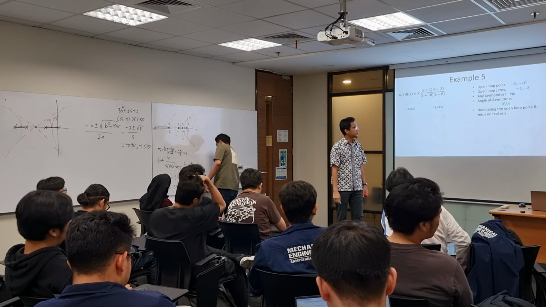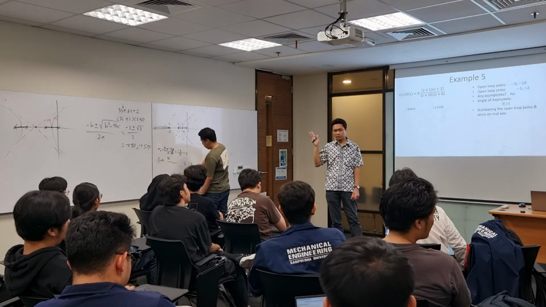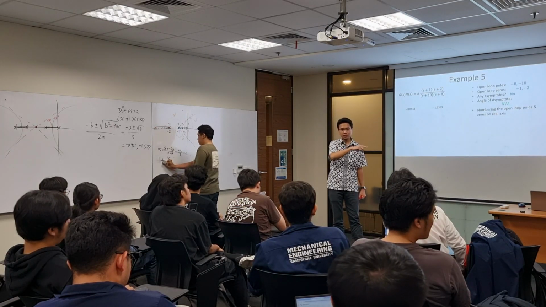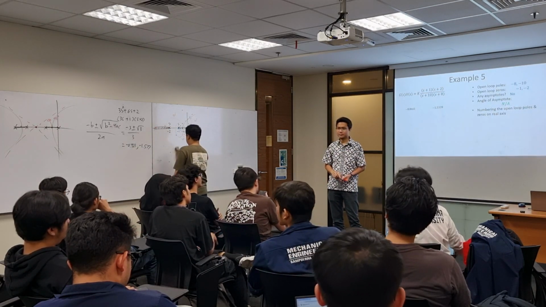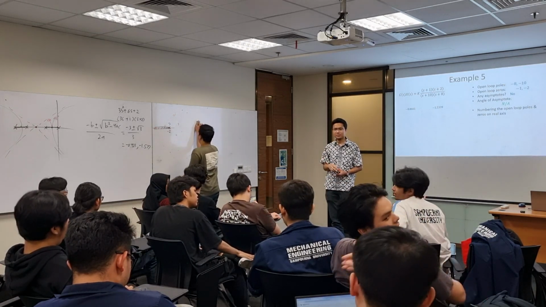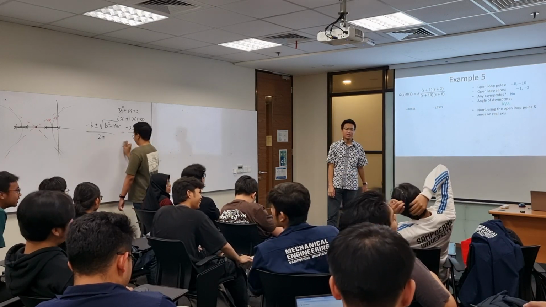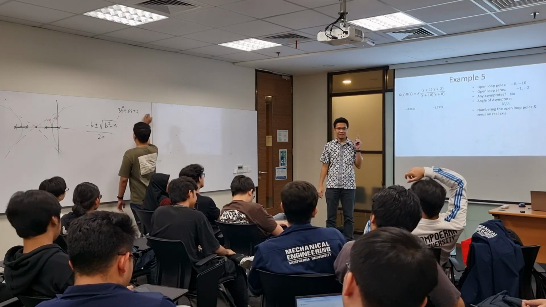Numbering the open loop poles, you put the number from the right to the left: 1, 2, 3, 4. Labeling. We are not talking about the asymptote in there.